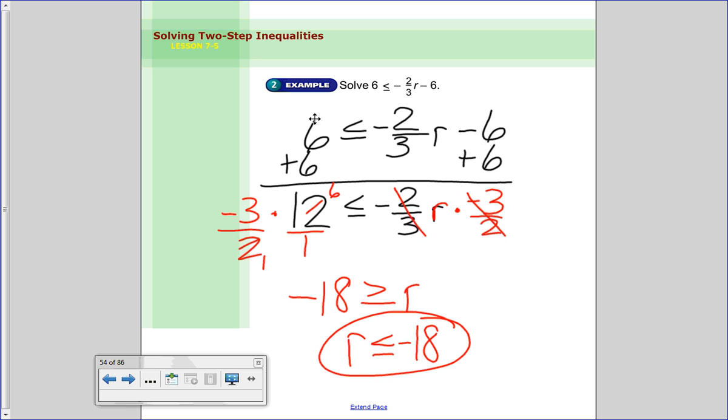But again, in case you forget that whole idea of if the number being multiplied or divided by r is negative, your sign's going to reverse, just take a look at the problem. Again, to both sides, I multiplied a negative 3/2. Because both sides were multiplied by a negative number, my sign reverses.